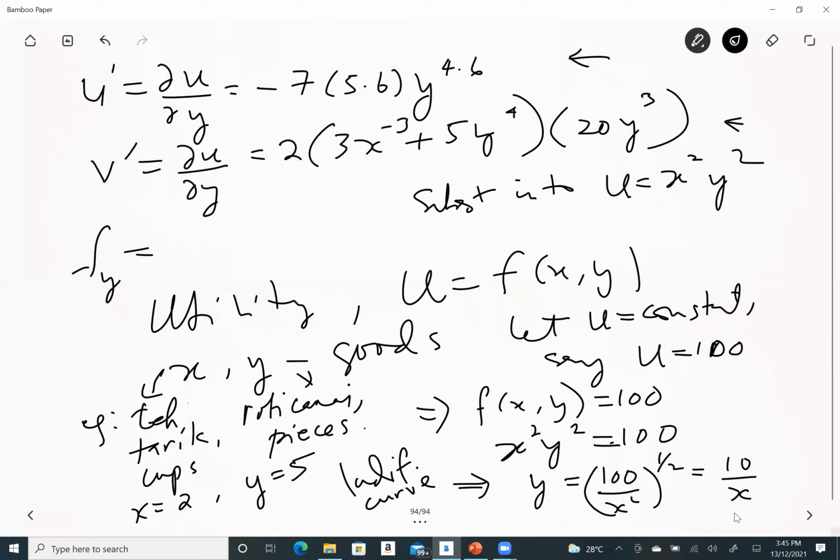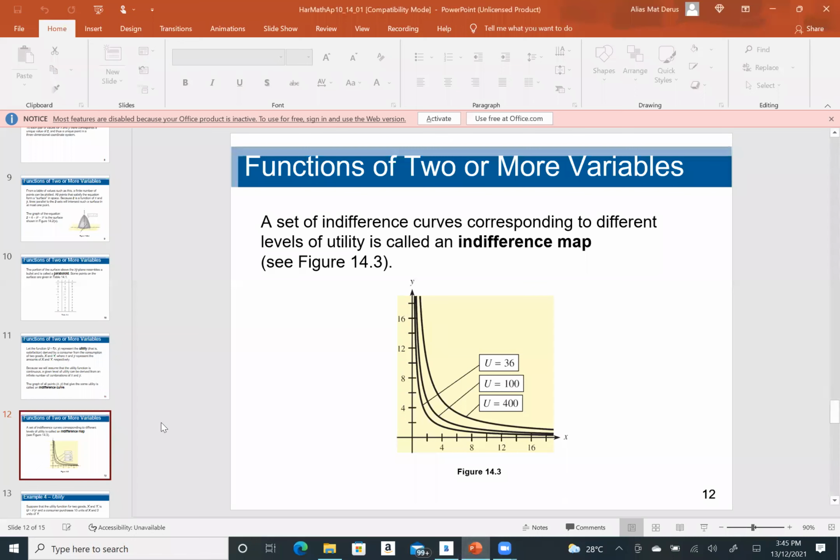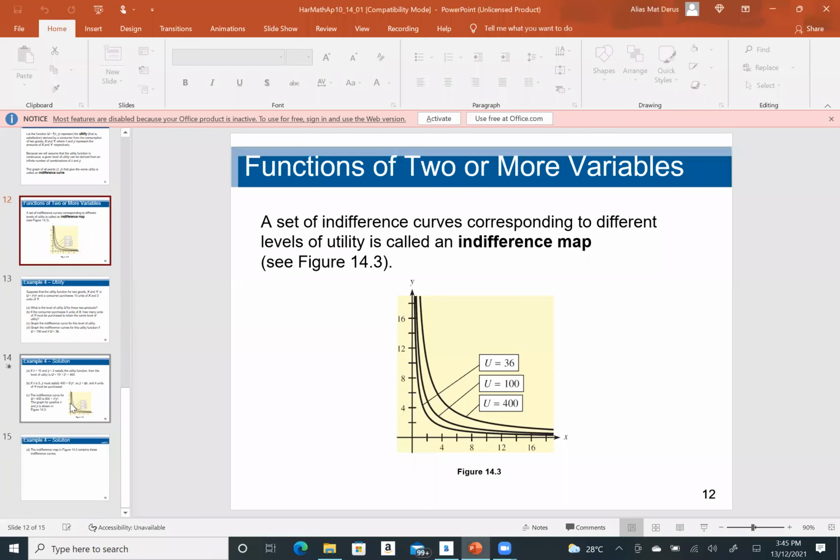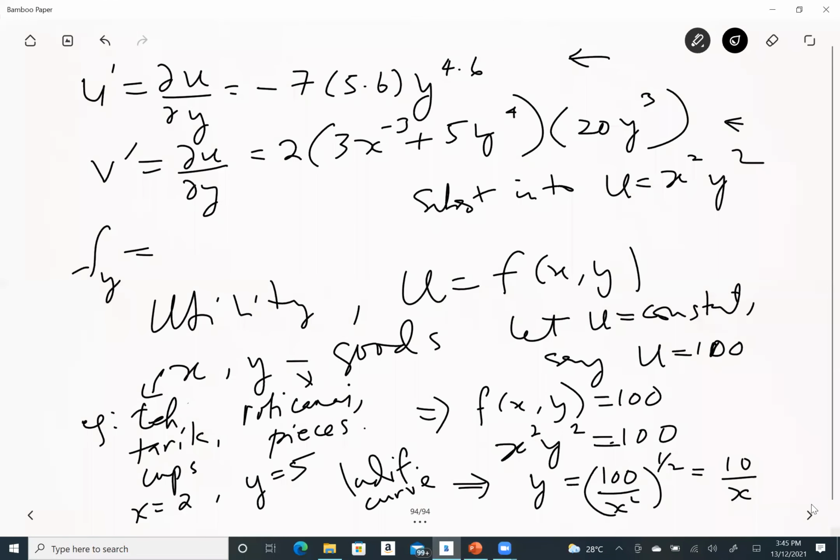We go to example number 5. In this note, they don't give you example 5. They only give you up to utility. So example 5 is production. In production, I have inputs. You combine the inputs, then you produce output.